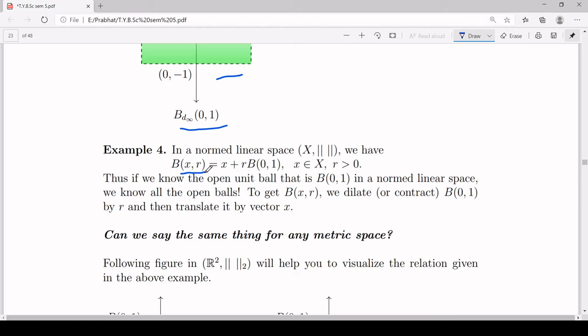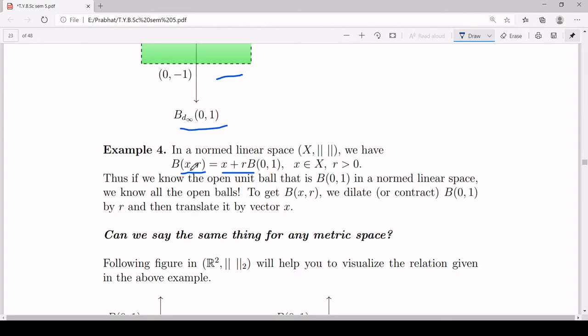They are saying, if your X is a normed linear space where this norm is given, and we have proved every norm induces a metric, so a normed linear space becomes a metric space also. So this B(x, r), whenever we say it, is with respect to the metric induced by this norm. So B(x, r) is x plus r times B(0, 1), which is an obvious thing also if you visualize.